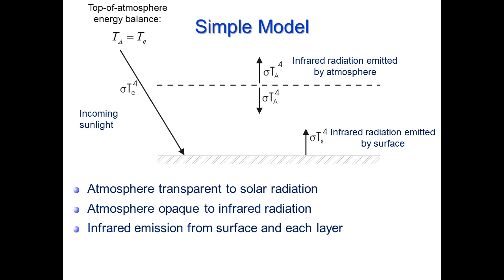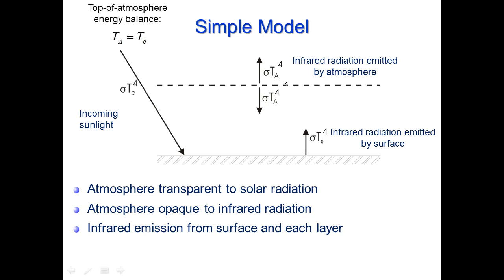Let's see if we can calculate what the atmospheric temperature and the surface temperature is in this very simple model, given the amount of sunlight as represented by the effective emission temperature of the planet T sub E, which remember is about 255 Kelvin. Well, the first thing that we would recognize is that in balance, we have to have the same amount of radiation leaving the system, sigma T_A to the fourth, as we have entering the system, sigma T_E to the fourth.